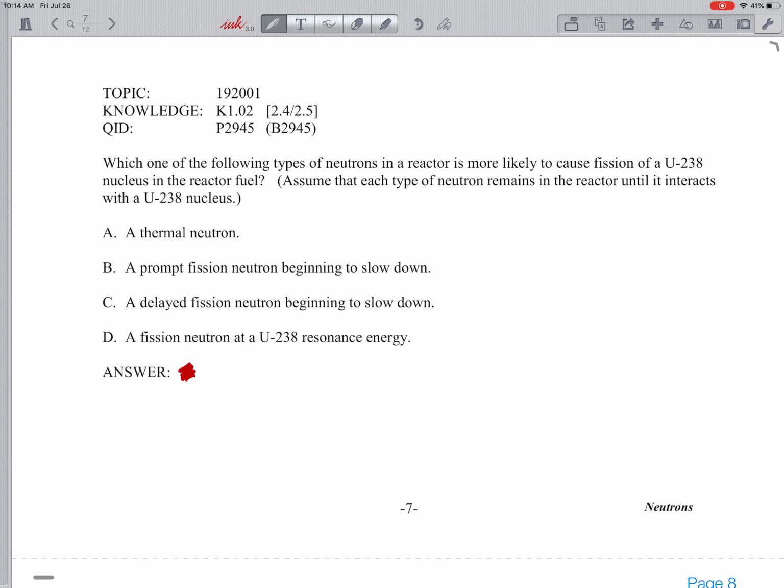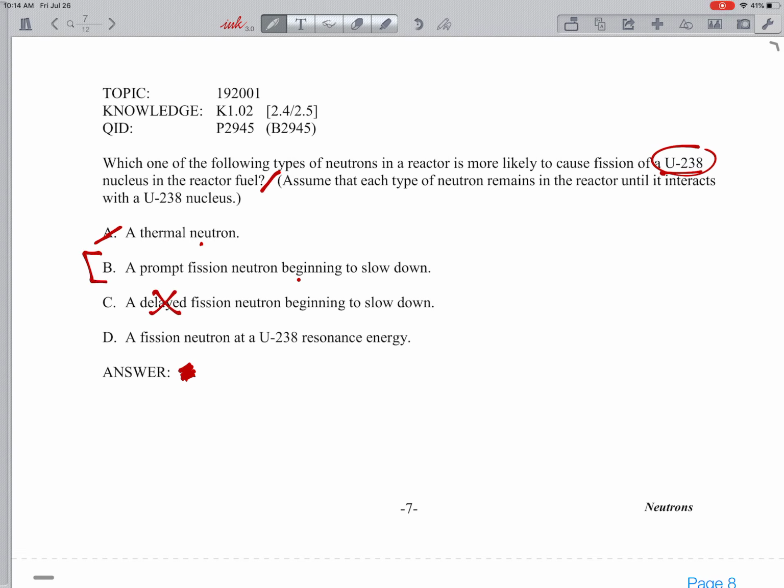Which of the following types of neutron is more likely to cause fission of a U-238 nucleus in the reactor fuel? Bam, that should tell you right there. Prompt, baby. Prompt. U-238. Is it going to be a thermal neutron? No, that causes U-235 fission. So read that U-238. A prompt fission neutron beginning to slow down? Maybe.